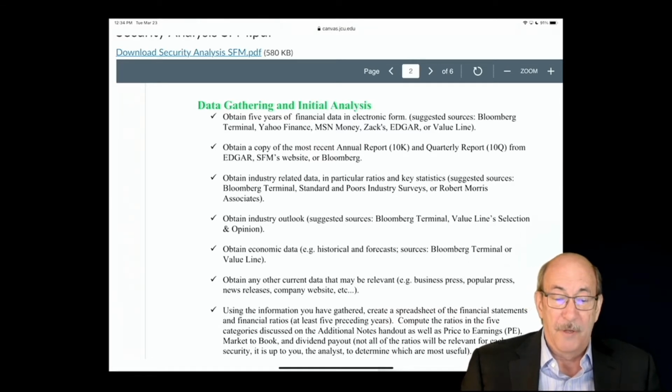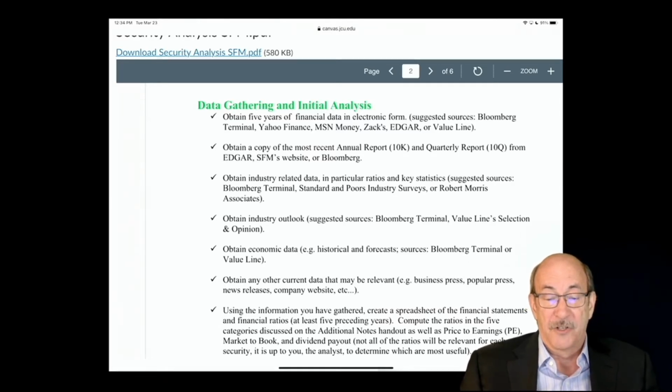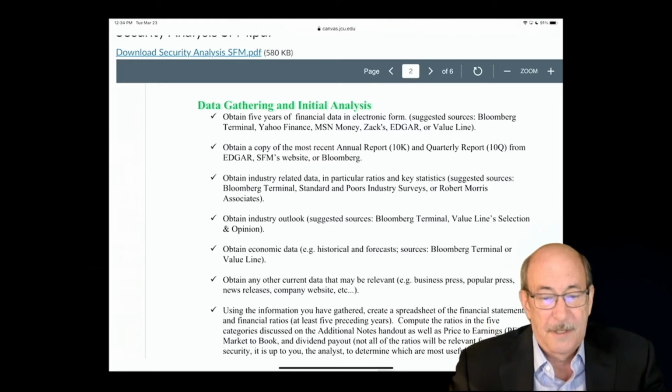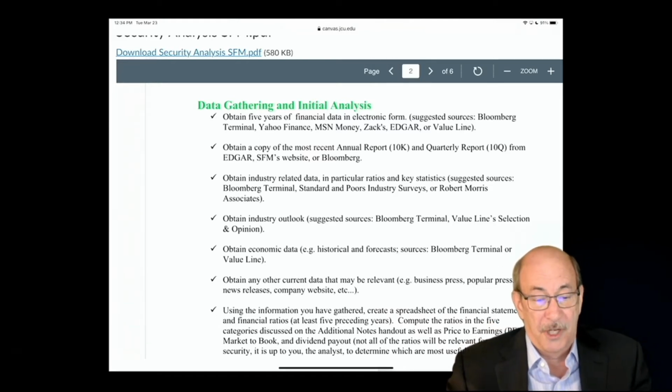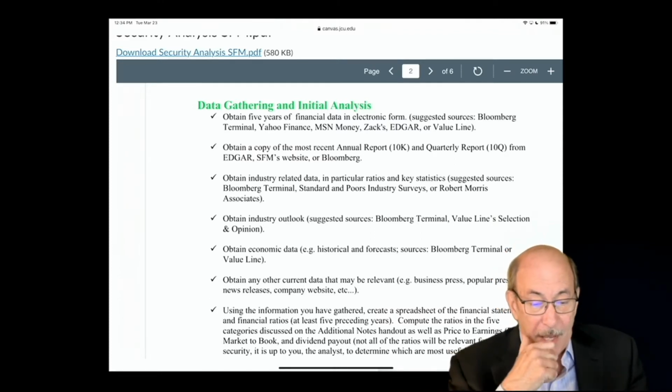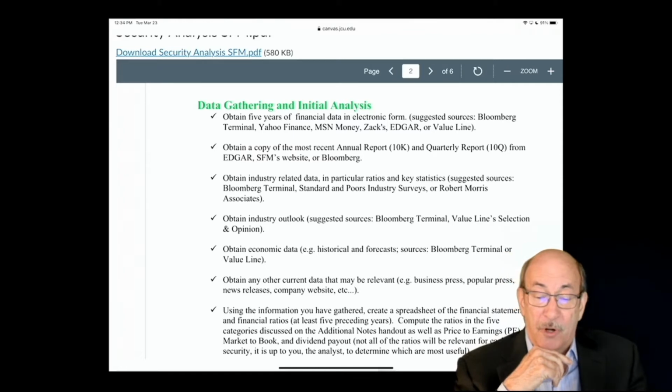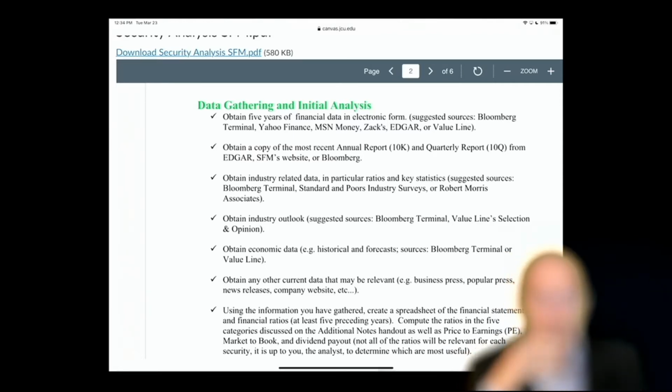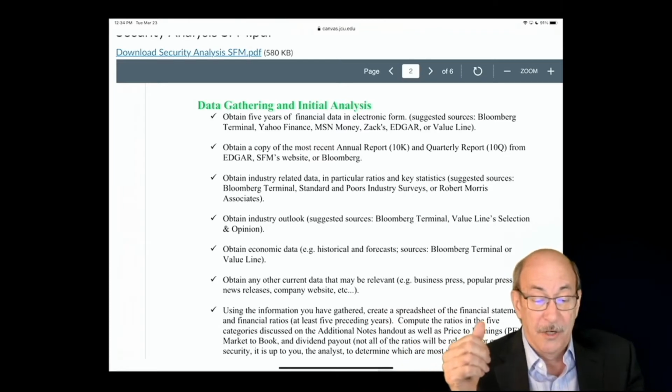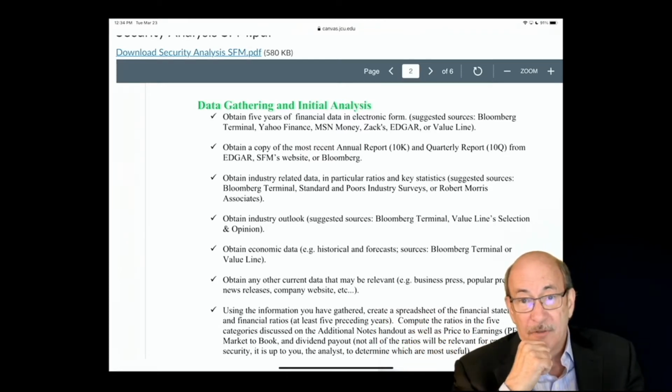So the data gathering piece: obtain 5 years of financial data in electronic form. That's off of Bloomberg preferred, but many other sources out there. Probably the other easiest one would be Yahoo Finance. Obtain a copy of the annual report and the quarterly report, the 10Q, 10K, from Edgar or from the website or from Bloomberg. Any of those sources are fine.